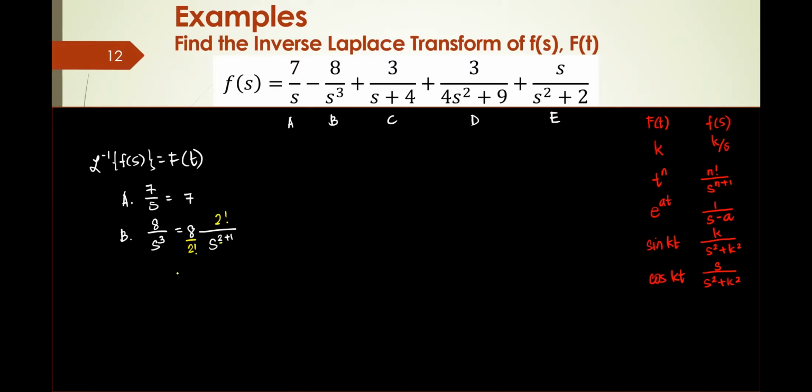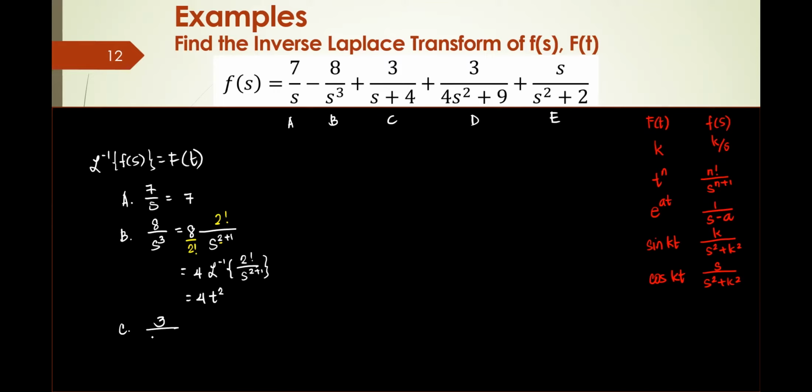I supply a 2 factorial at the bottom. All right. So that means this one is 4 times the inverse Laplace of 2 factorial over s to the 2 plus 1. Therefore, this is actually 4t squared. All right. So let's go to letter C.